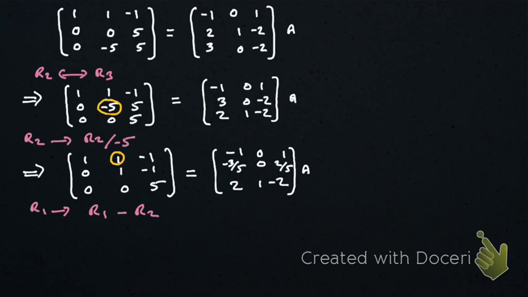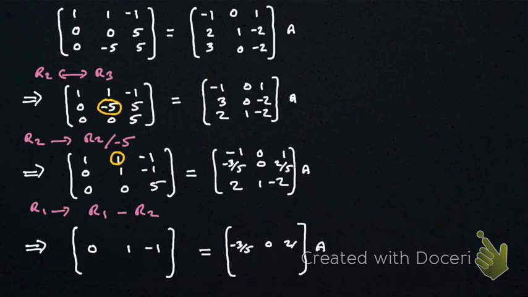So let's do that. The change is happening only to the first row, which means second row and the third row I will copy. So I'll copy the second row as it is, and the third row 0, 0, 5, 2, 1 minus 2 as it is. So I copied my R2 and R3 the same because the change is happening only to R1. We said R1 changes to R1 minus R2. So we're going to do that R1 minus R2 subtraction.